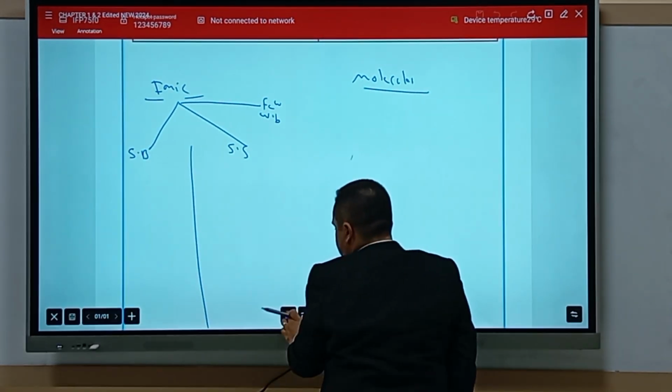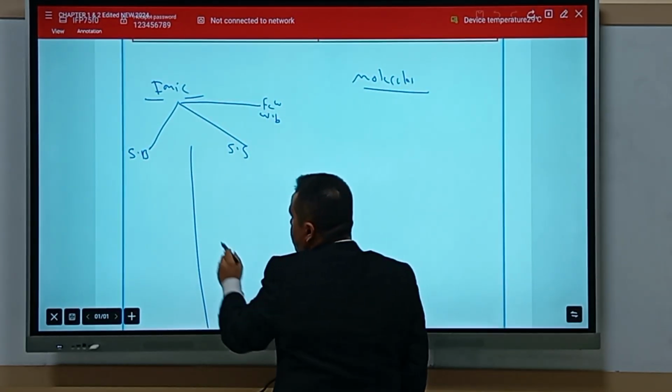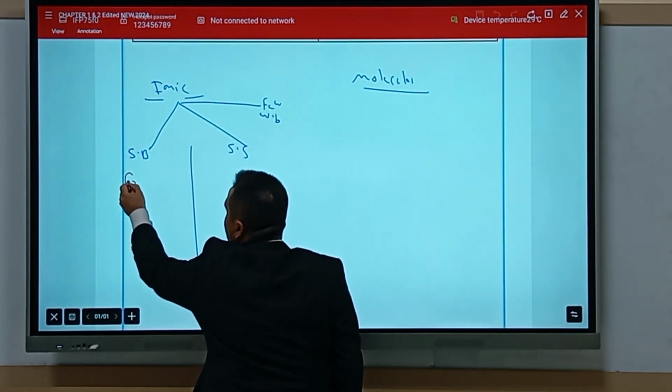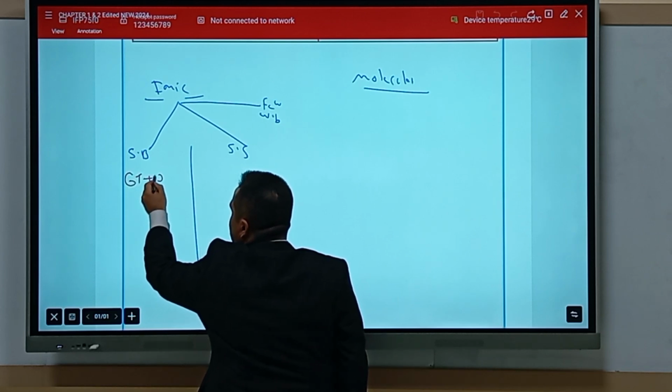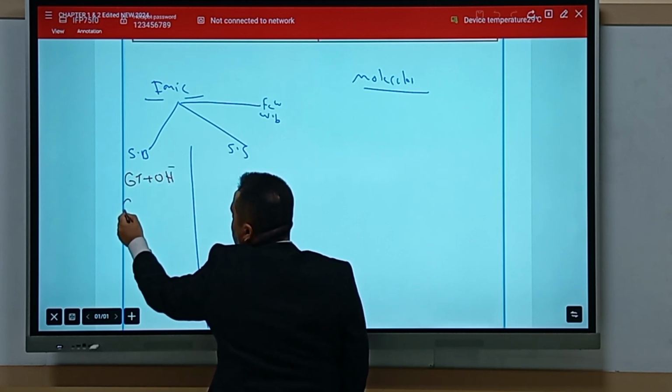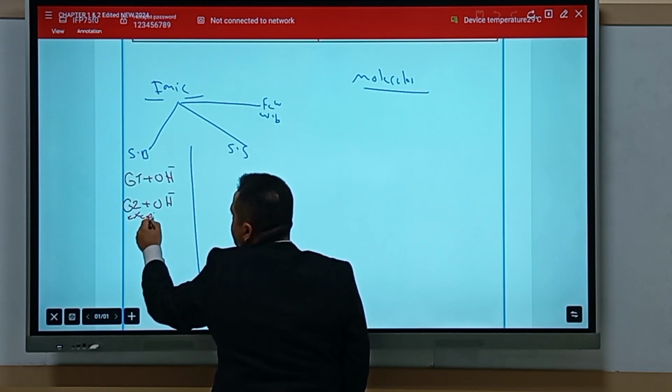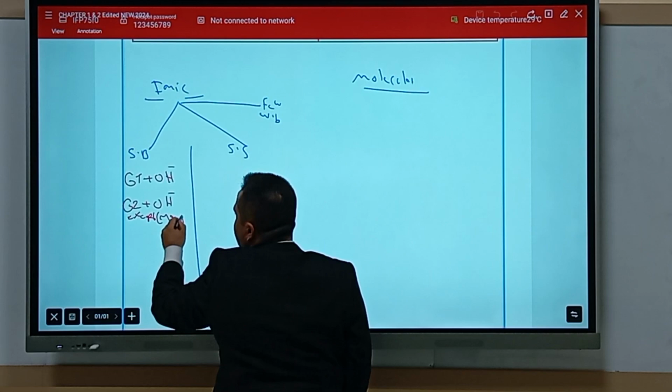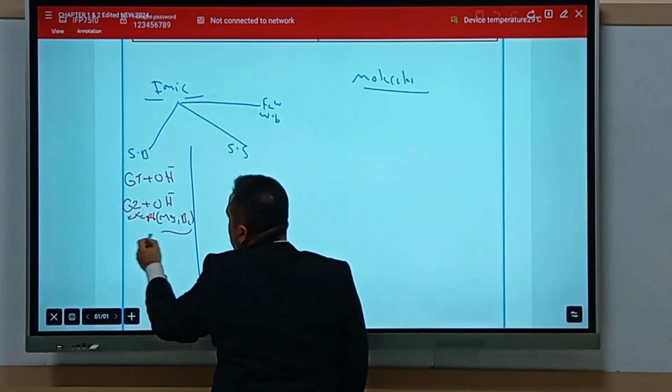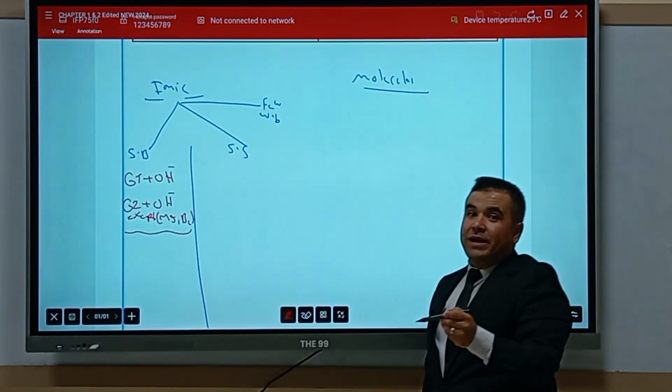How to know which group of compounds is strong base? Group 1 plus hydroxide, Group 2 plus hydroxide, except Mg and Be, are all strong bases.